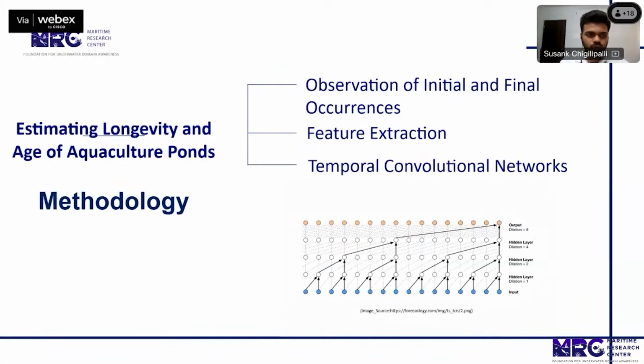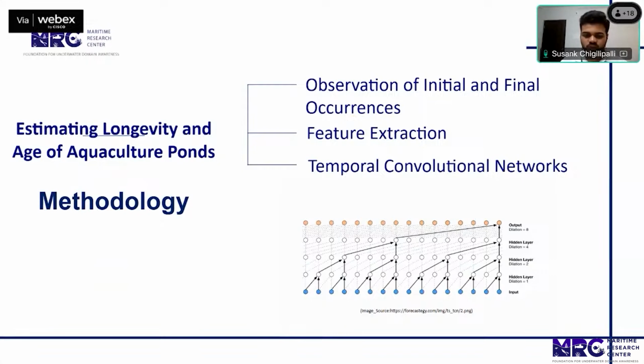So, for estimating longevity and age of aquaculture ponds, we follow a structured approach. First, we observe the initial and final appearances of each pond. Based on some rules, we split the data into periods. Next, we extract temporal features from the time series data, including changes in area and shape and other spectral signatures.